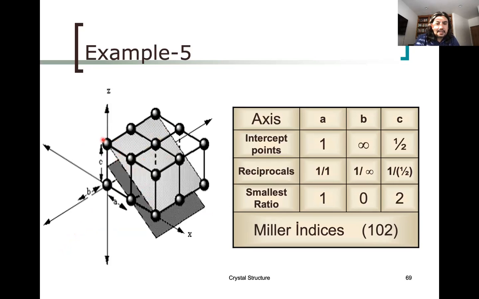But now you can see that it's cutting through this point, this point, and this point. So that's the actual plane that is passing through. So in this case, this particular plane doesn't pass through the y-axis, right? Ever.